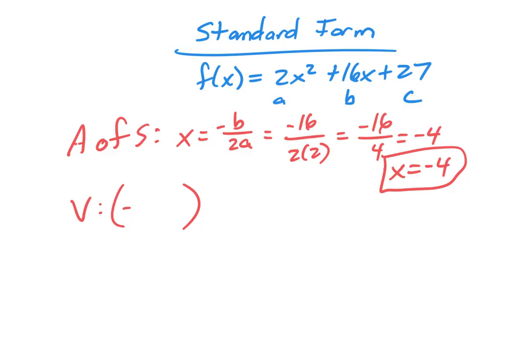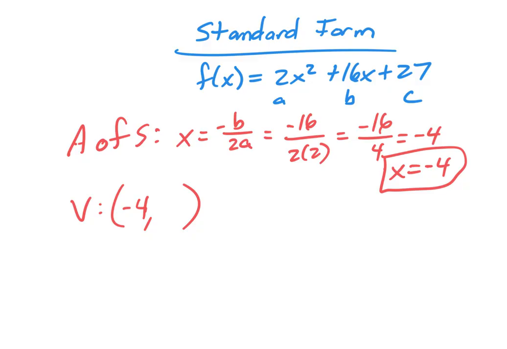Okay, my vertex, we're going to use this. If I say that x is -4, what we talked about just a second ago is the x value of the vertex is the same as the axis of symmetry. So this number is going to be -4. The x value of the vertex will be -4. How do you suppose we could find the y value of that vertex? If I have an x value, how could I find the y value? Plug it in.